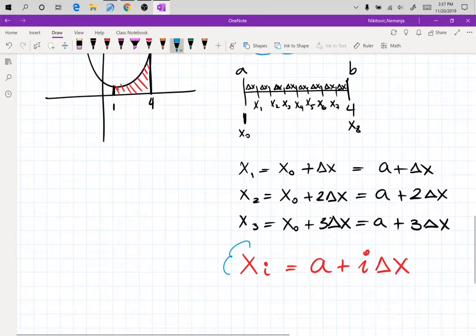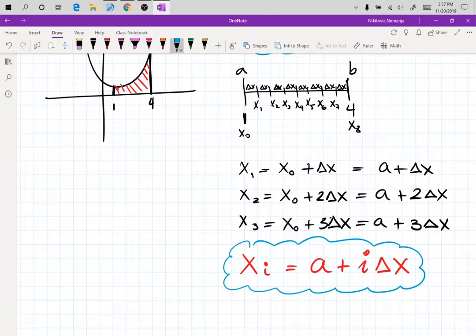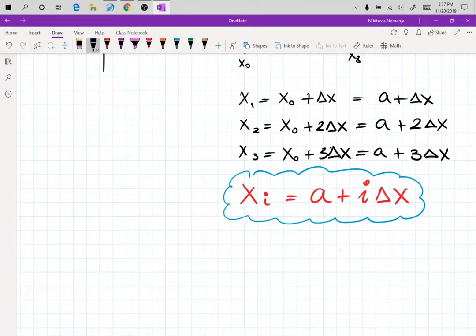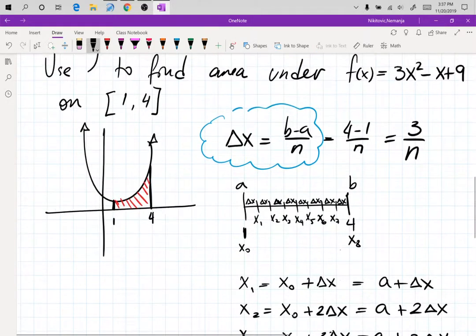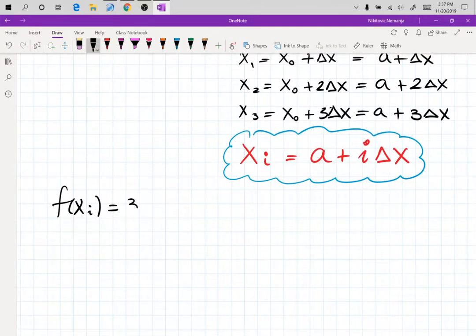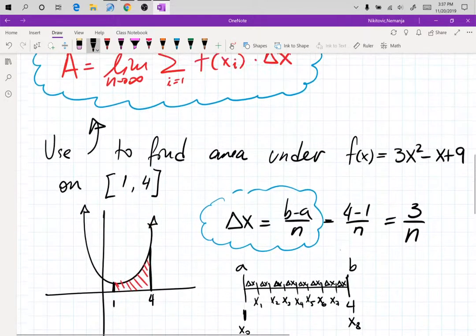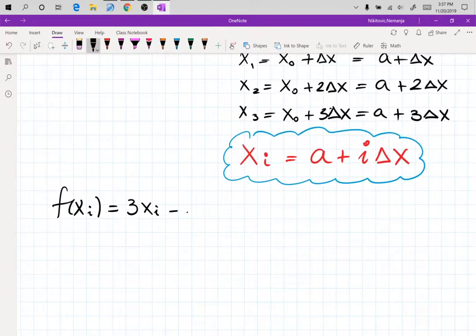So this is actually a formula, along with the delta x formula from last class. This is the formula now that we use for xi that we are going to plug into our f of x. So now f of xi is going to be what? 3 times xi squared minus xi plus 9. And now you have that xi is equal to 1 plus i times 3 over n, because you plug everything in.